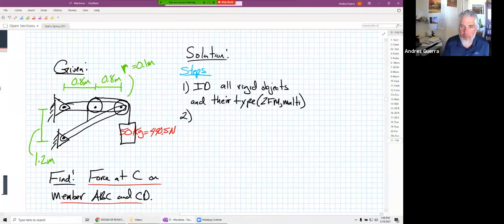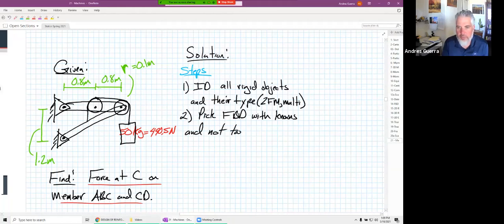And so our step 2 is just to pick an FBD from those options with knowns. It's got to have knowns on there and not too many unknowns. And how many is too many unknowns?